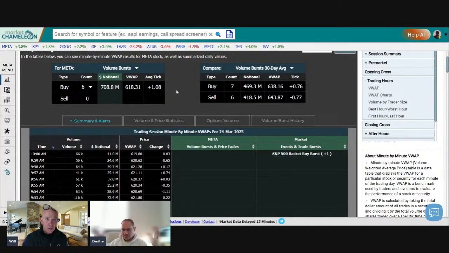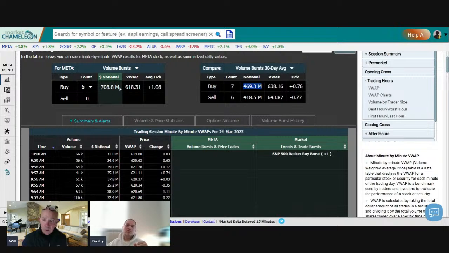So now we have these stats, we have these averages, and we could compare those to like a daily average. So here we see that using the last 30 days, on average, we've seen 7 volume bursts, which is close to what we saw yesterday, for an average dollar value of 469 million.